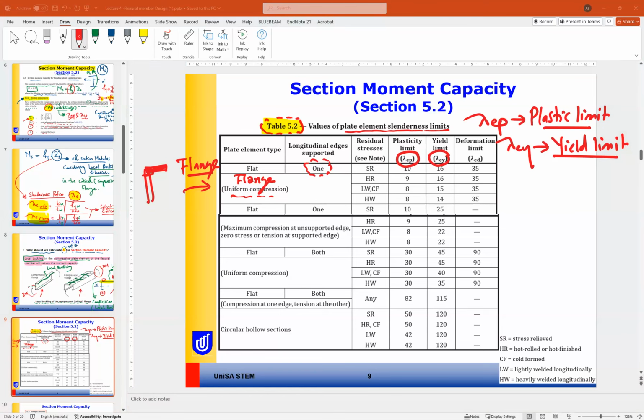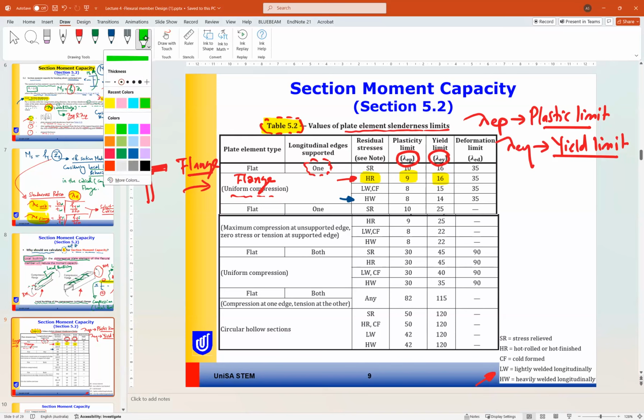The residual stress type can be found here, or the key is here. If you have a hot rolled section, it is HR, for example, here. So the limits will be 9 and 16. If you have a welded section, like the example we had in the previous class, the limits are 8 and 14, for example.